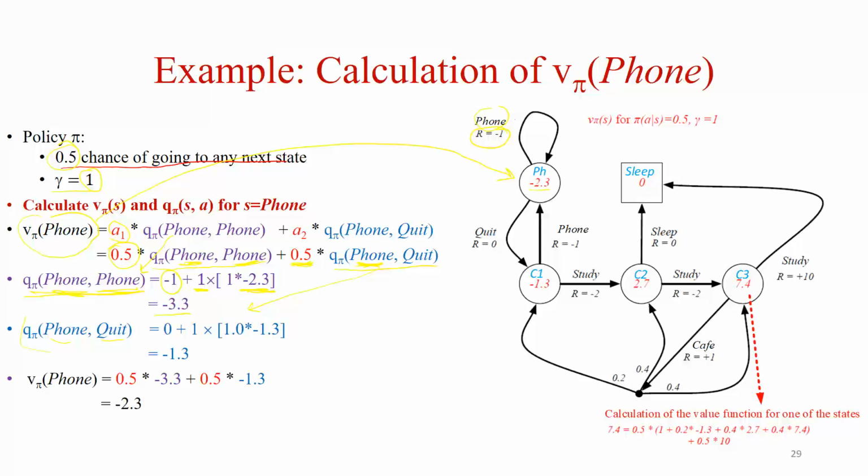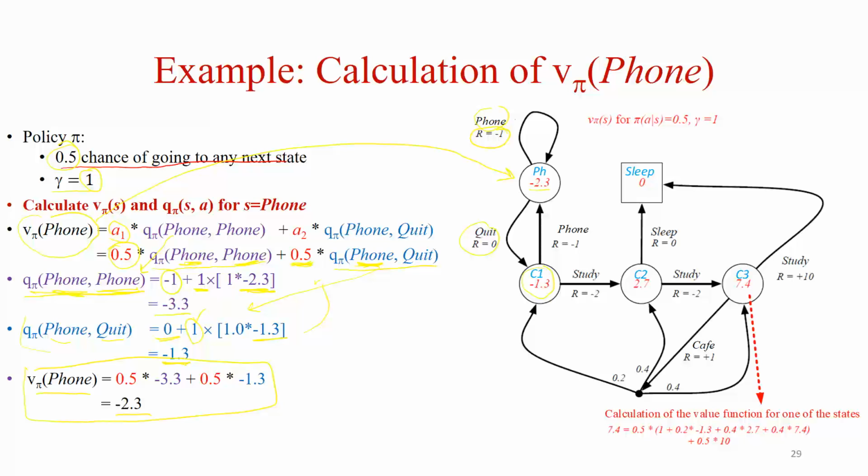Well, the reward is 0 right here, plus the discount factor 1 times -1.3, which is the state value of C1. So you do the math, it's -1.3. I replug the values here and I get the state value for the phone is -2.3.